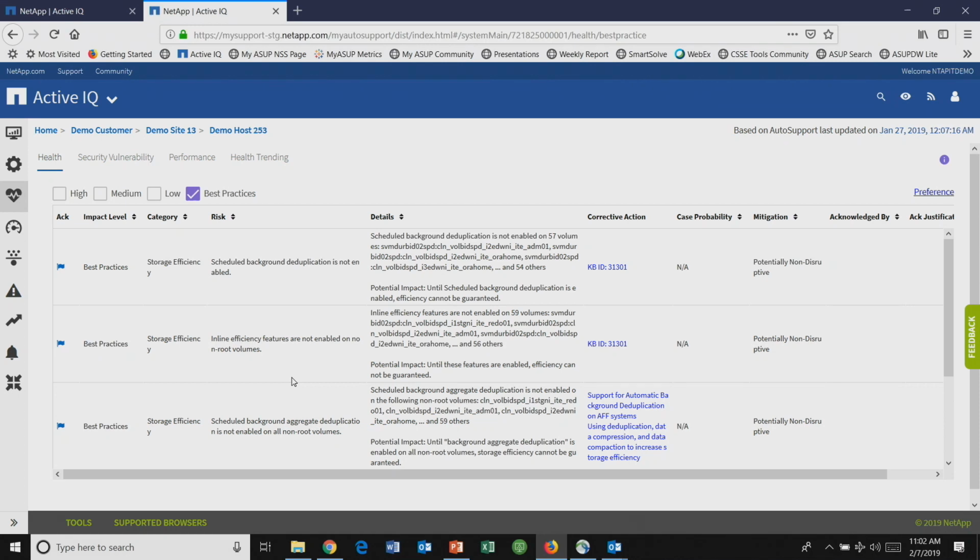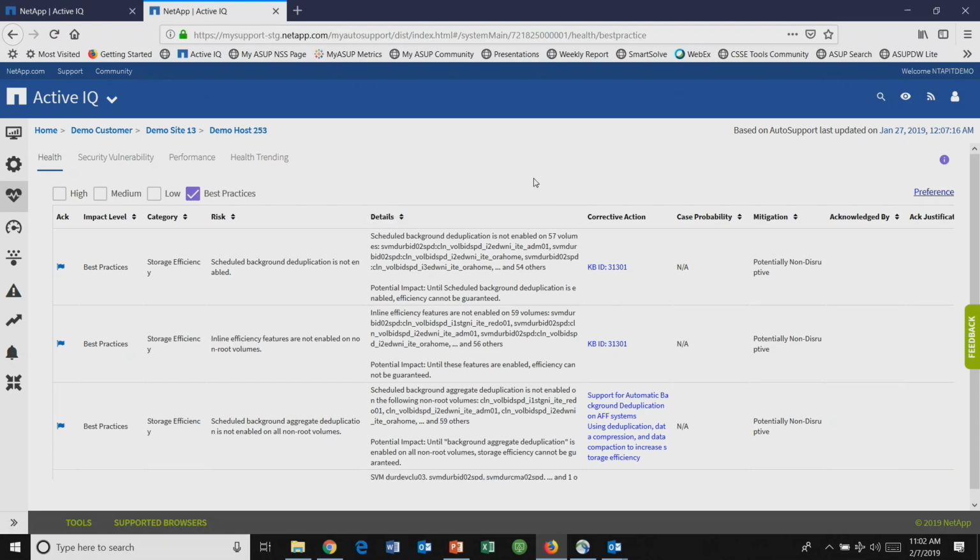So similar to the screen that we saw when Joey was looking at system risks, the best practices also have a level of detail and a corrective action associated with this. So she can now take this to Joey to be able to review some of these best practices and see if it makes sense to make some of these configuration changes.